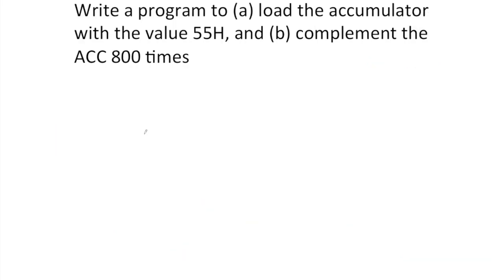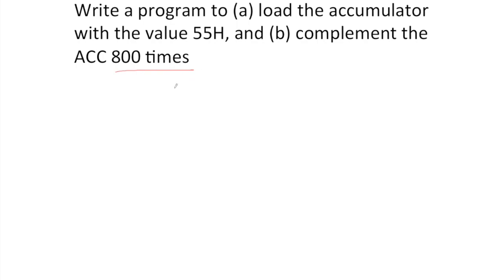Write a program to load the accumulator with the value 55H and complement the accumulator 800 times. So here we have to realize that the limitation of using short jump is that you can only do 256 iterations. So therefore, to achieve 800 iterations, we need to nest two loops together.